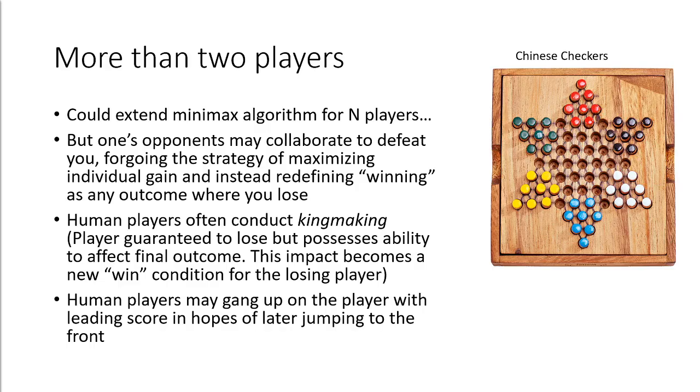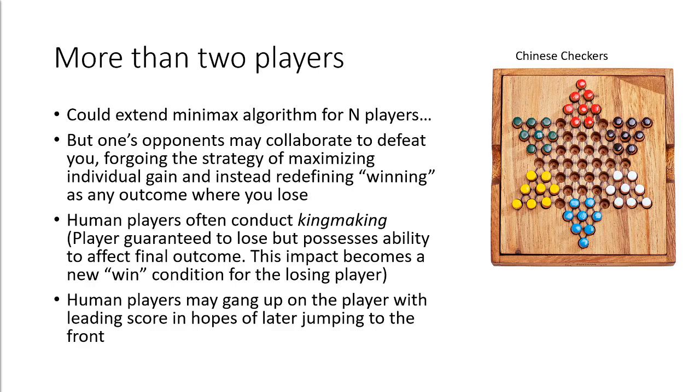But they still have some agency in the game, in that they can take actions that impact the outcome. They could pick someone that has a chance and give them a boost. This could be for arbitrary reasons. They don't like you or whatever. And so that's this whole king making thing.